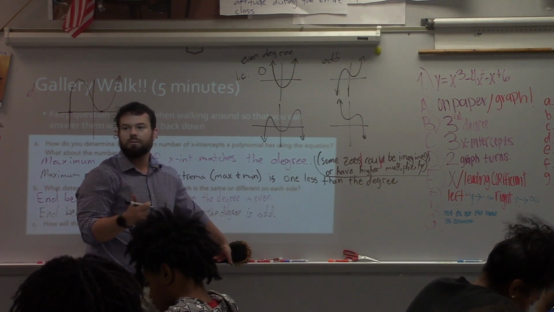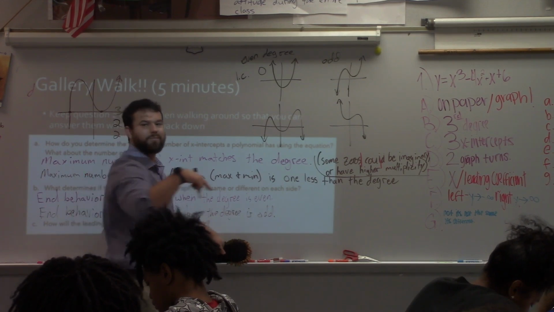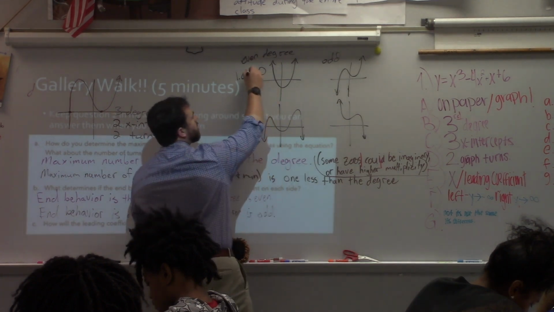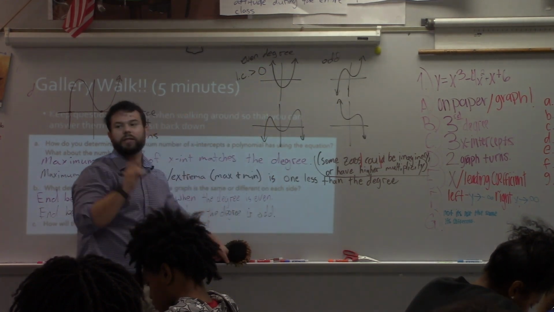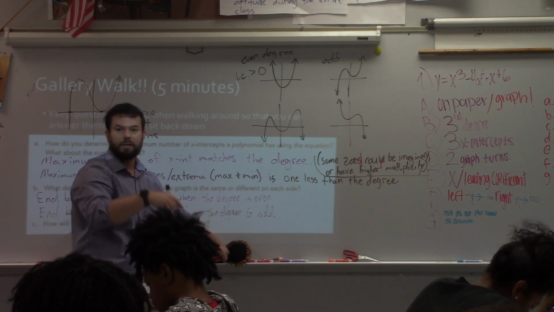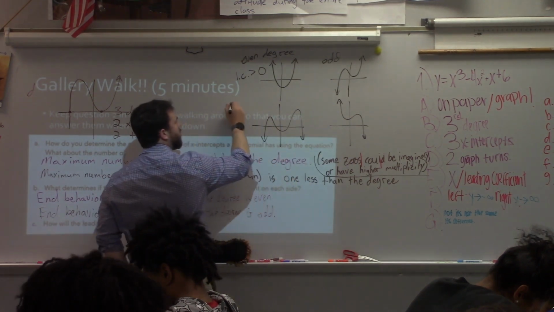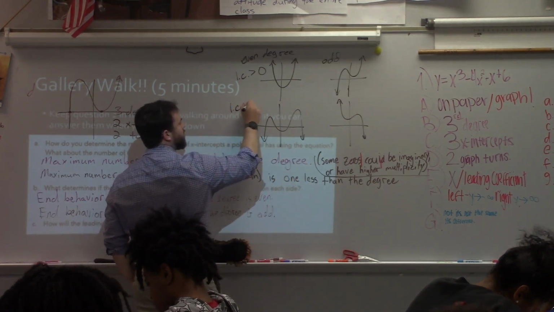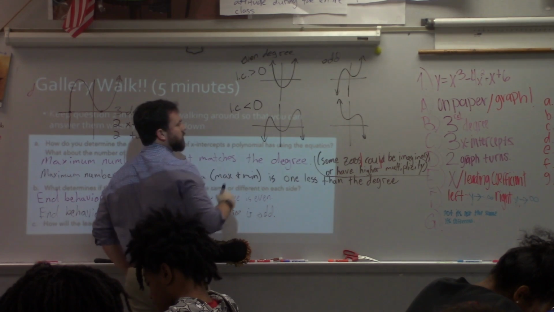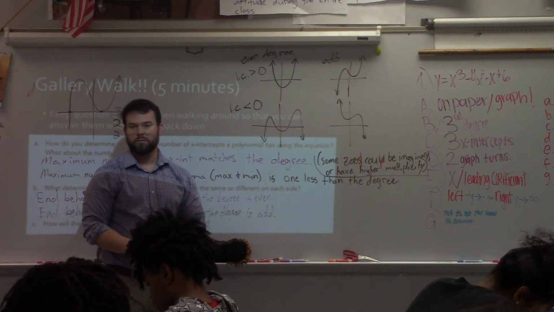Is it equal to 0? The little arrow, what's that called? Greater than. If the leading coefficient is greater than 0, that's what kind of number? Positive. And so the end behavior goes up to the positives. If the leading coefficient is less than 0, the end behavior goes down towards the negatives.